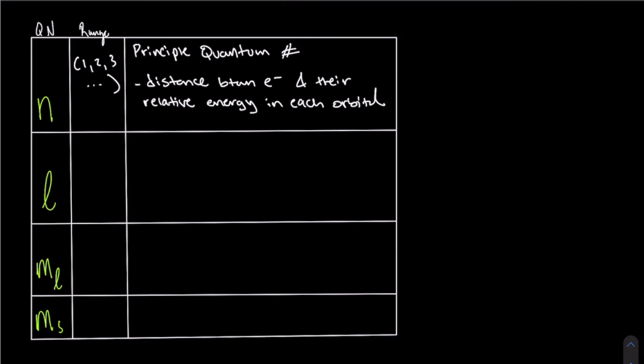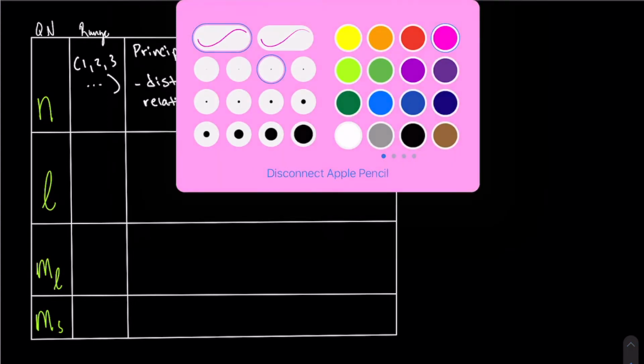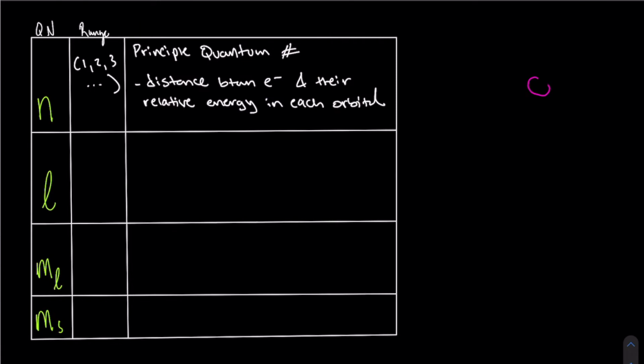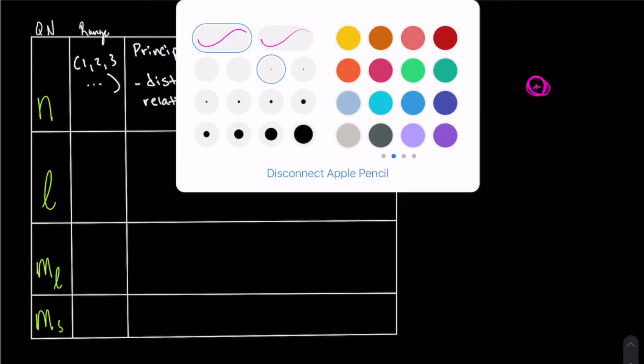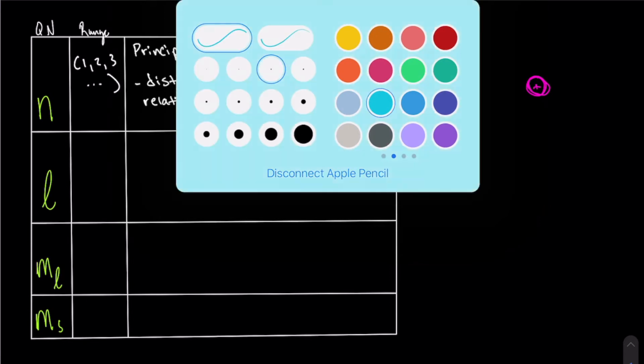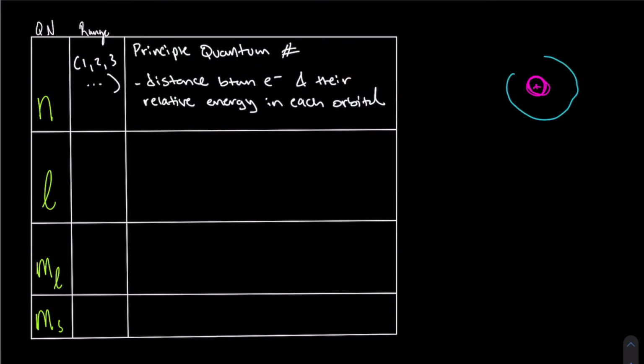So, to make that a little easier to understand, let me draw an atom. So we have the positively charged nucleus, that's a positive sign, and outside of that we're going to draw our energy levels. Let's just pick this color arbitrarily. So we have the first energy level and our second energy level.